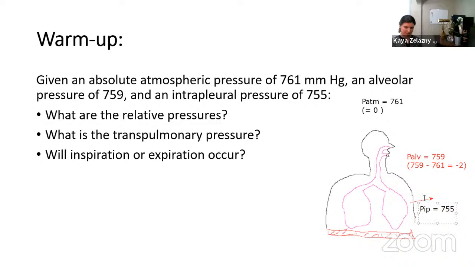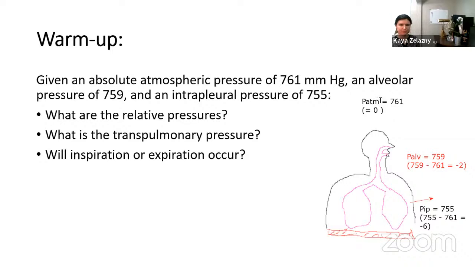But again, we want a relative pressure. So we're doing 755 minus 761, okay, which is giving us a pressure of -6. All right, so that is our relative pressure, -6 here, for our intrapleural pressure. So that's how we get from absolute pressure to relative pressure.